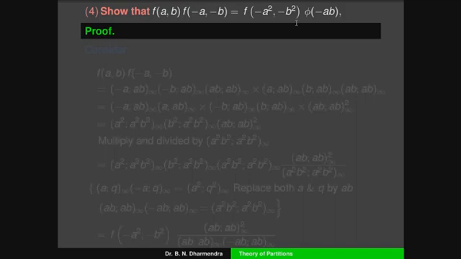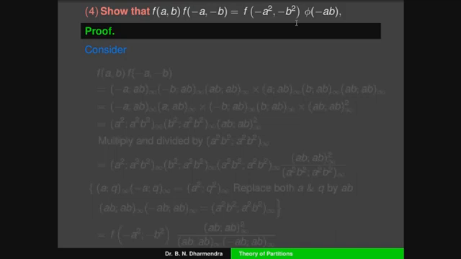Now to move on to the next one, show that the product of f of a comma b into f of minus a comma minus b is equal to f of minus a square comma minus b square into phi of minus ab. You can consider the LHS side in terms of the Ramanujan quintuple product identity.